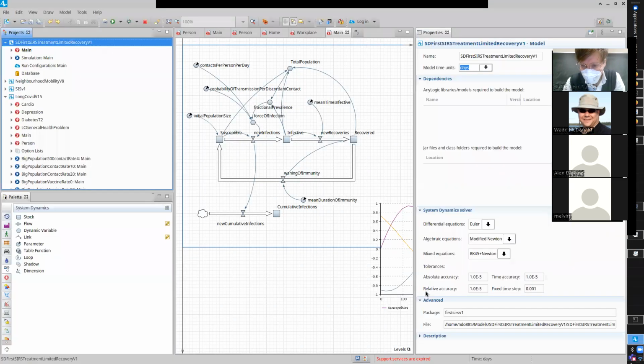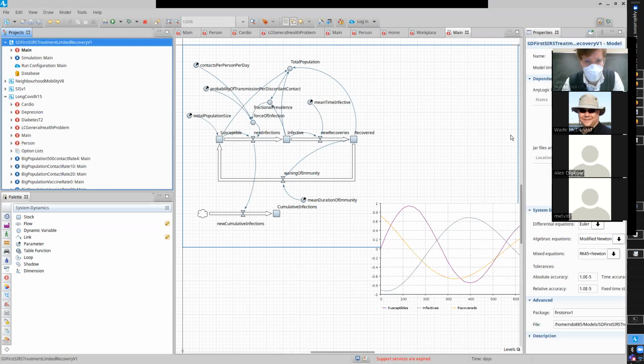Okay, great. Next, we're going to focus on a situation where treatment is limited, or where recovery is limited by treatment. Meaning people have to be treated before they're recovered. So it's going to relate to this recoveries area of the model.